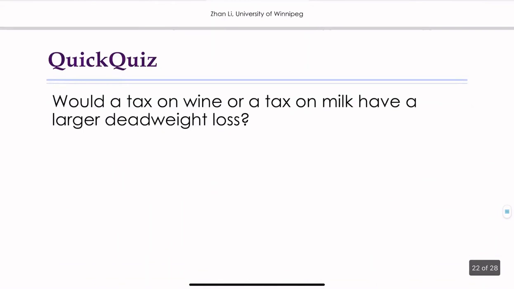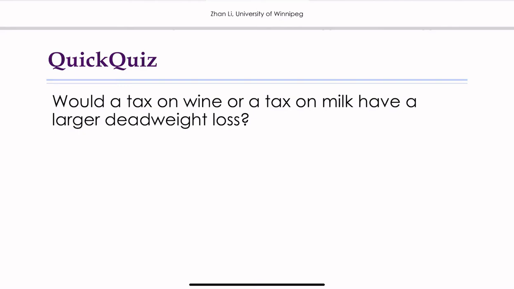Okay, great. Now let's look at this little question here. Will a tax on wine or a tax on milk have a larger deadweight loss? We just talked about this, right? The size of the deadweight loss depends on the elasticity.